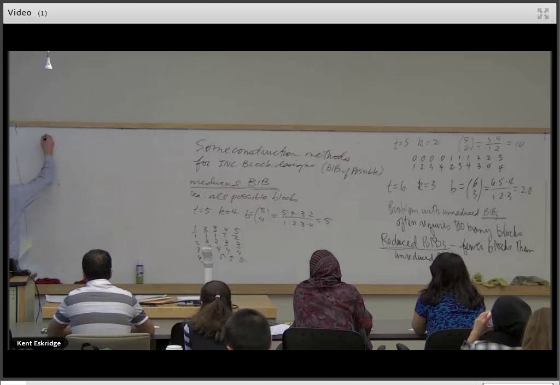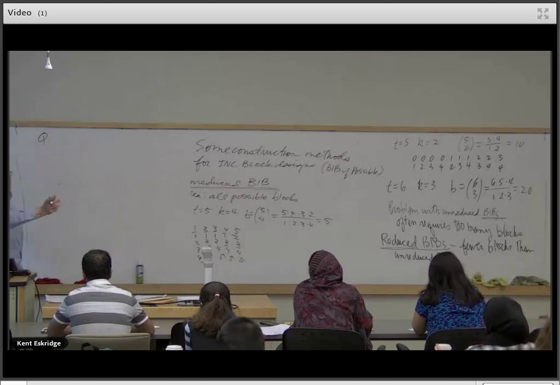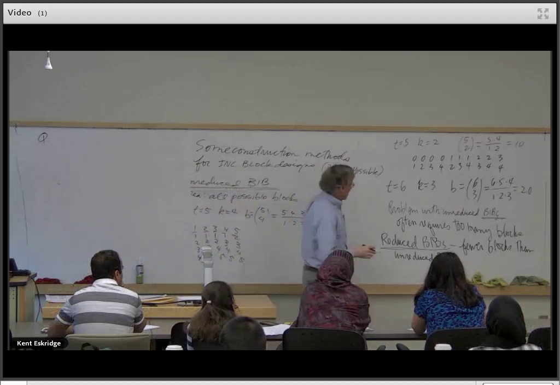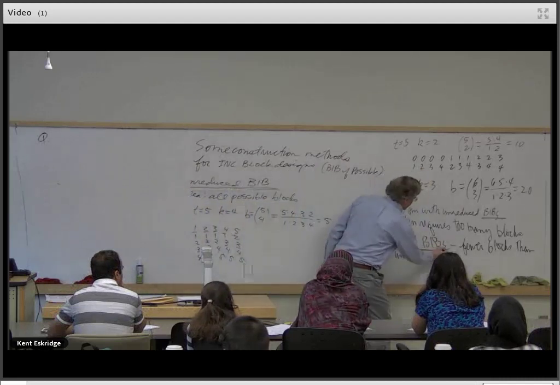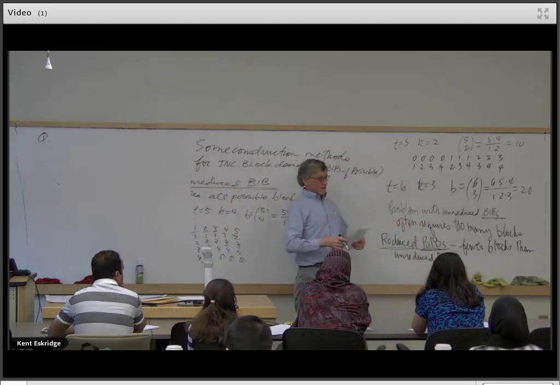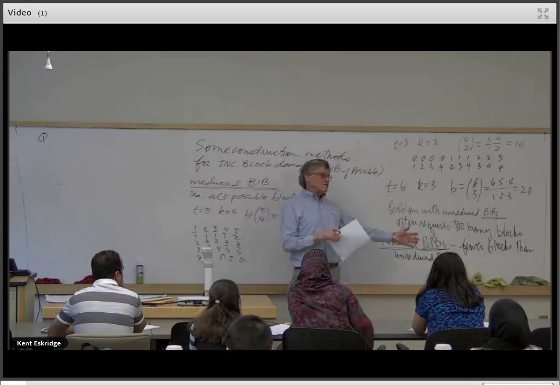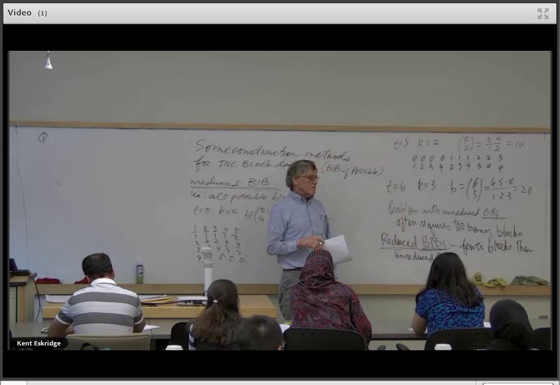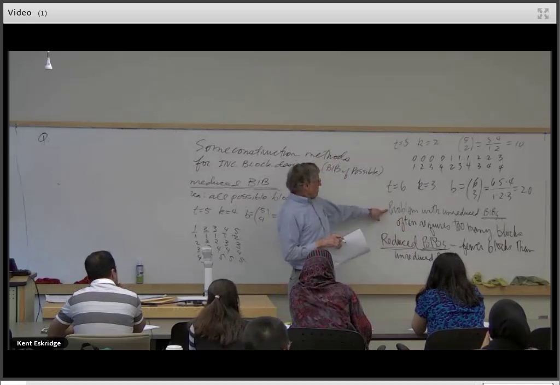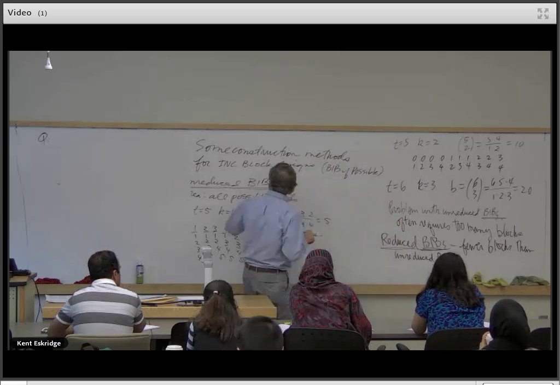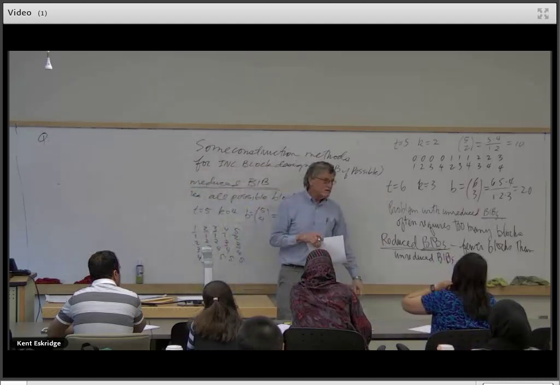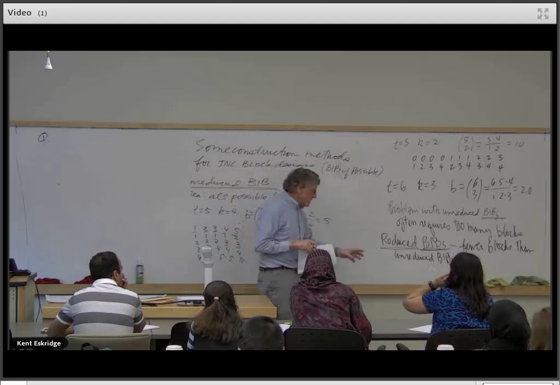So, question. Yeah. So you said that with the reduced you don't have balance? We can get balance. I said in general, with fewer and fewer blocks, you're going to lose balance. That's what I mean. Because I thought you said with the reduced you don't get balance. With the reduced or unreduced, you can always get balance.